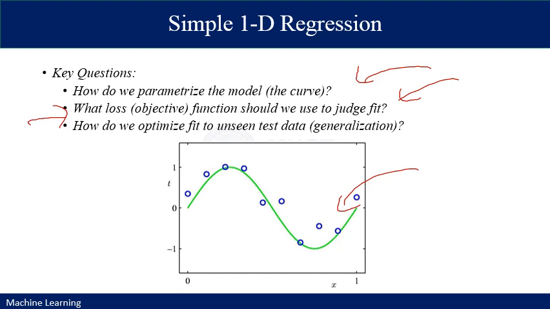Then when you have minimized the error sufficiently on the training examples, you check this algorithm or classifier on the unseen test data, and you would like to optimize this fit to the unseen test data, which is the generalization of your algorithm.